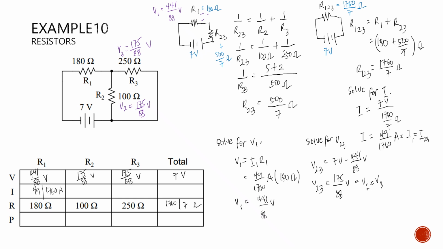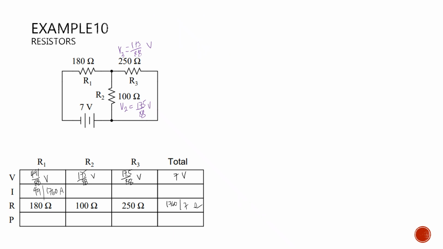And then for the I values, we use Ohm's law. So for R2, V and R are complete, so we can solve for I2. Using Ohm's law, we can now solve for I2 since V2 and R2 are complete.